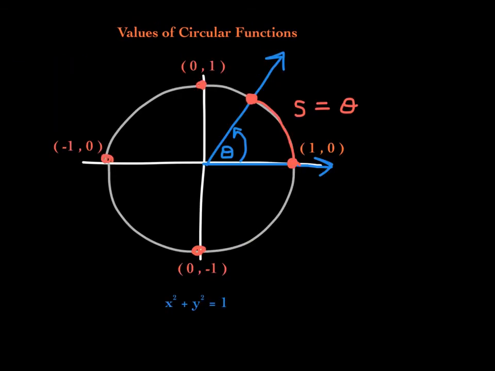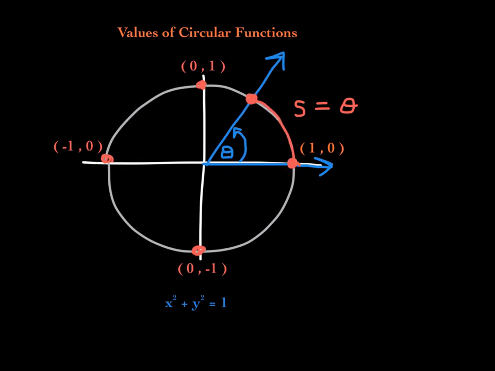What I want to show you last here, before we look at a few examples and then call it a day, is how we find values of circular functions. Now here I have the unit circle, x squared plus y squared is equal to 1. I have shown you an angle theta here, which is a central angle, and it's intercepting an arc of length s.